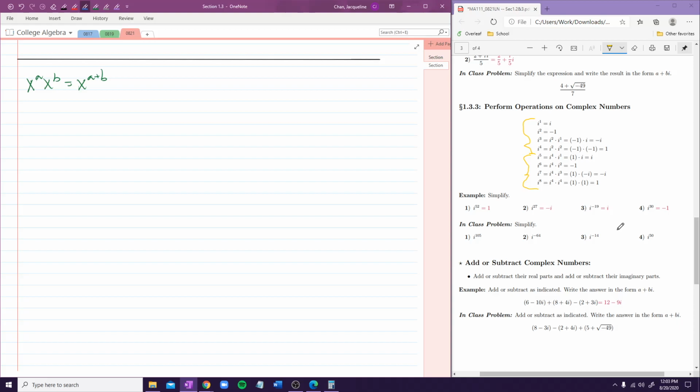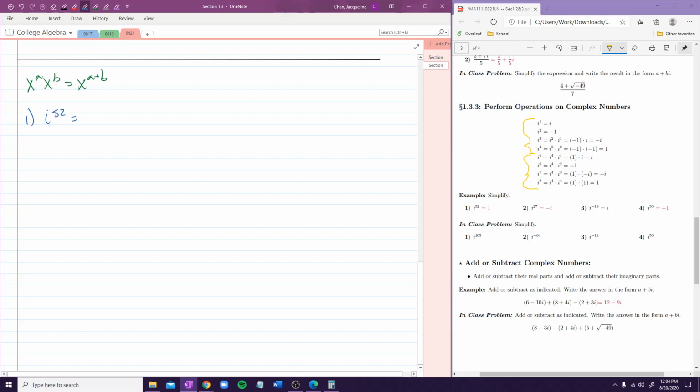If it is divisible by 4, you can just say it's 1. If there's a remainder of 1, then you know it's going to be i. A remainder of 2 is negative 1. A remainder of 3 is negative i. If you want to memorize it, I'll show you guys two ways of doing it. So i to the 52.